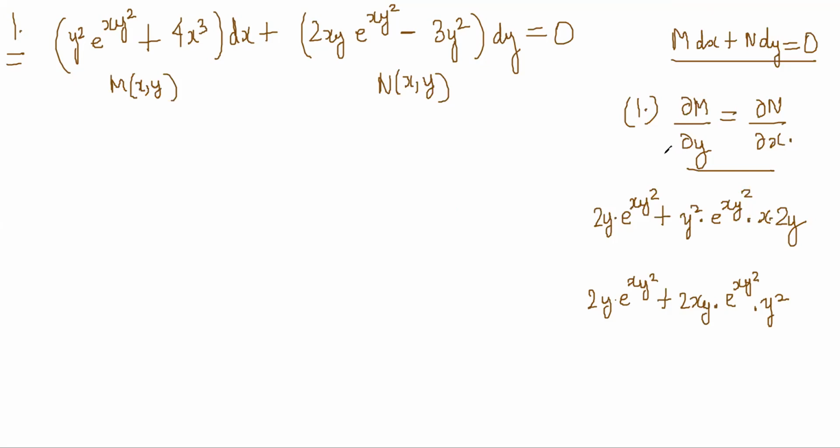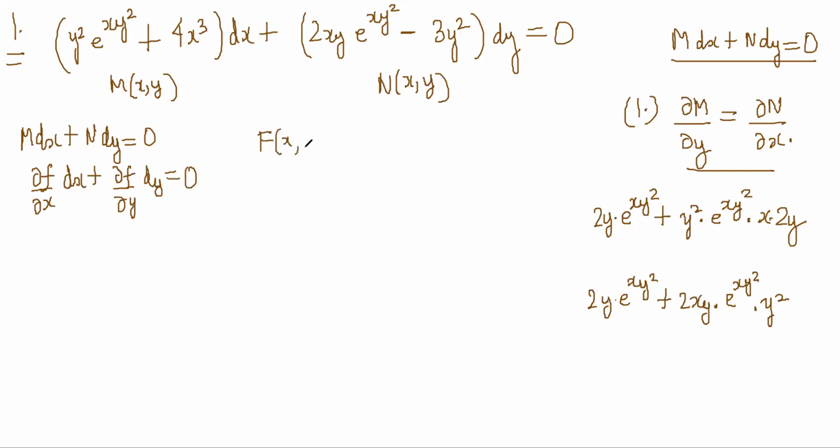Since it is exact, what I want to write is M dx plus N dy equal to 0 as dou f by dou x dx plus dou f by dou y dy equal to 0, for some function f of x, y.